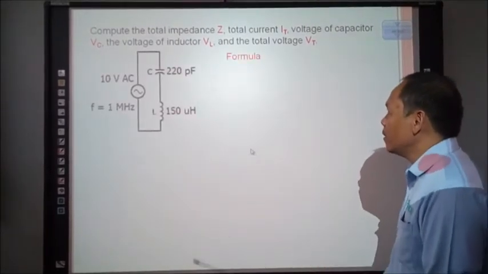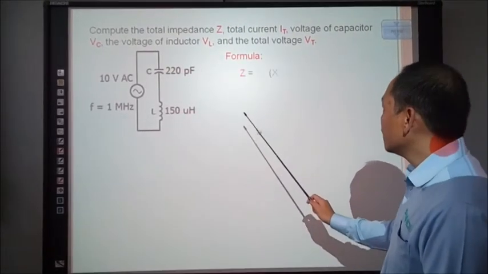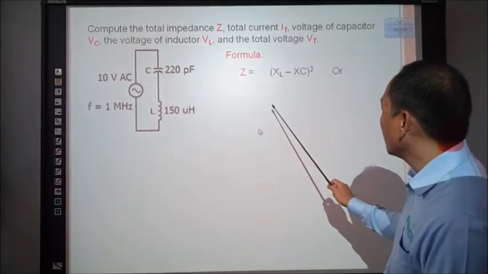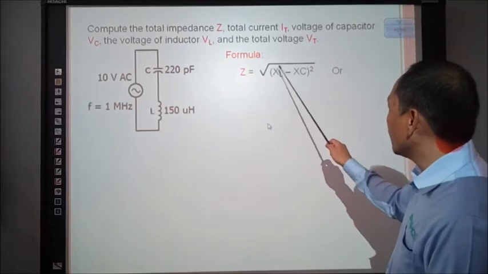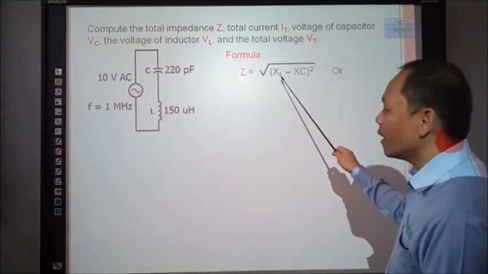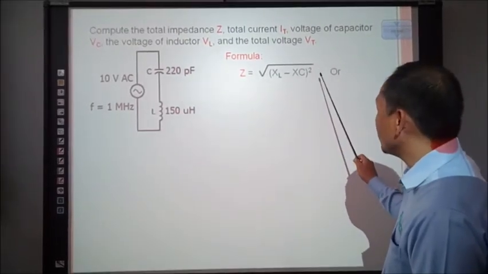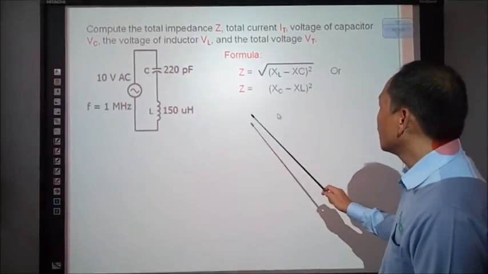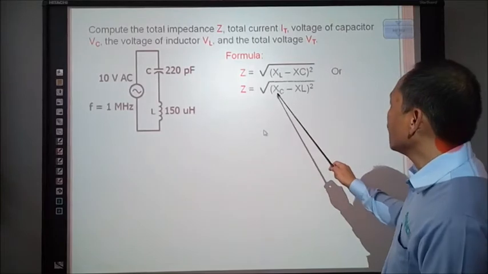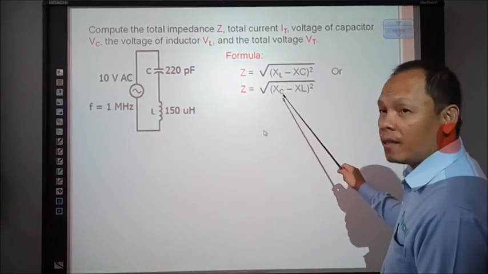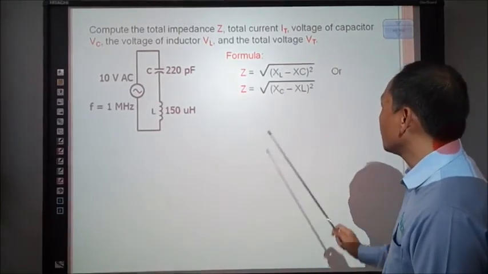So this is the formula of Z, which is equal to the square root of open parenthesis XL minus XC, squared, or Z is equal to the square root of open parenthesis XC minus XL, squared.